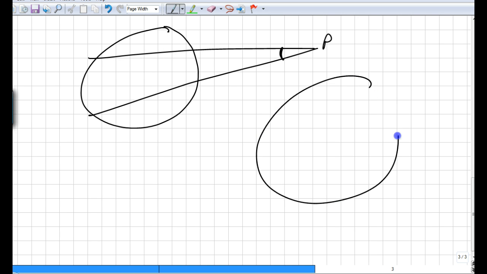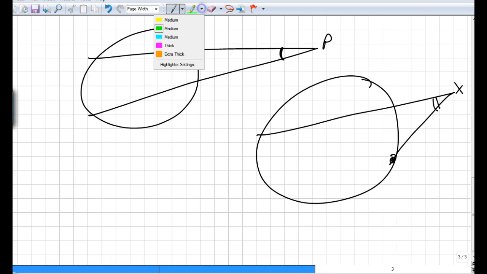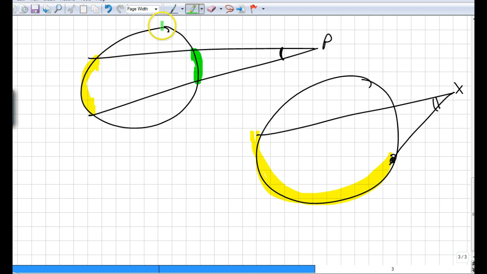If I have a secant and a tangent, again, notice that the angle formed is outside the circle. So anytime the angle is outside the circle, then for the intercepted arcs, we have this one that's on the opposite side of the circle, and we have this one closer to the angle. In this one we have this one and this one. Notice that the arc further away from the angle is always going to be a larger arc.